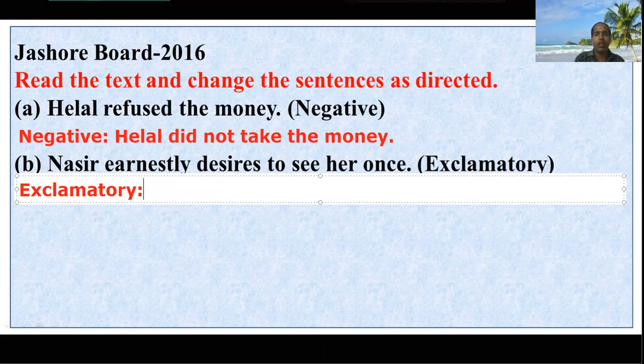Exclamatory. First, you have to write how. And then you have to write the adverb. In this sentence, the adverb is earnestly. This is the adverb, and I have written this adverb after how.